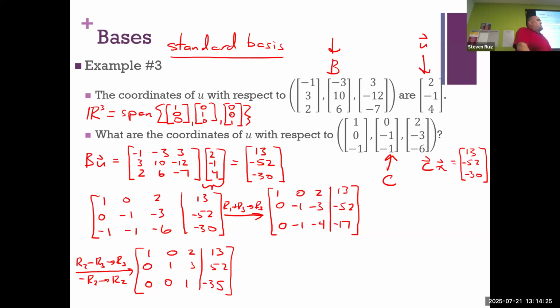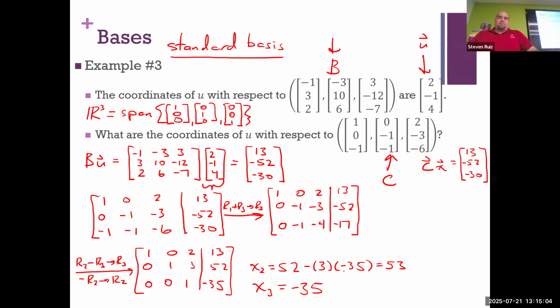Do we have to keep eliminating? If you want, we can bail out of it. Because what do I know? So we know that x3 is equal to -35. And from that, can we get x2? Right, so x2 should be equal to 52 minus 3 times -35. Is that 53?